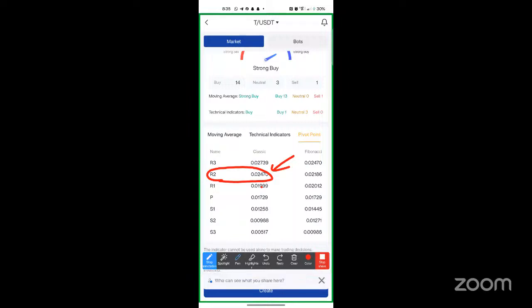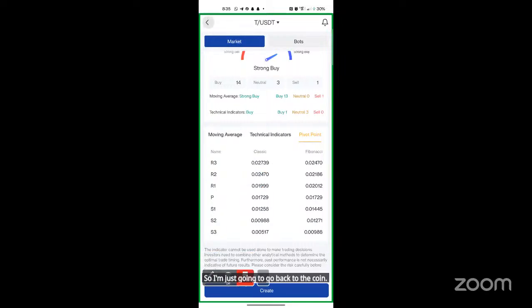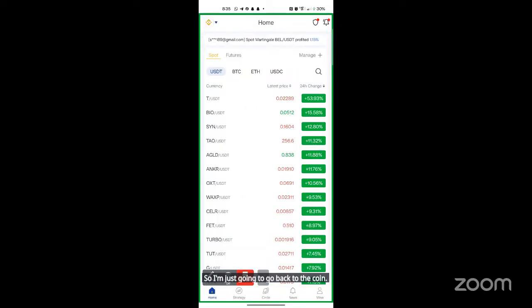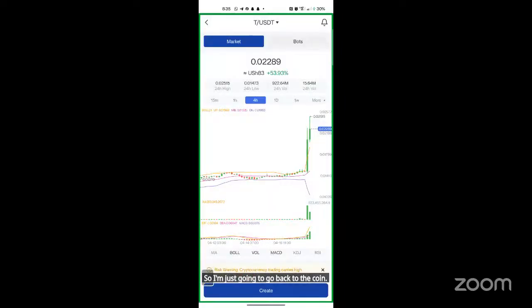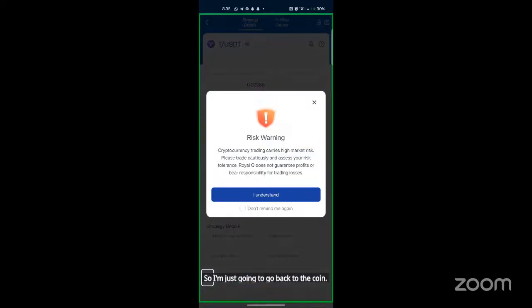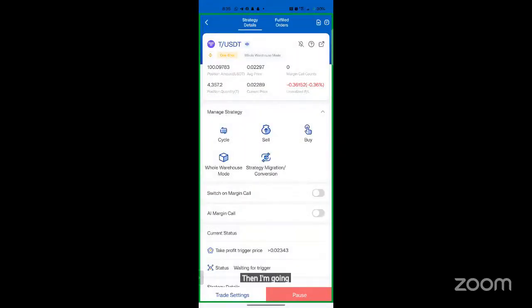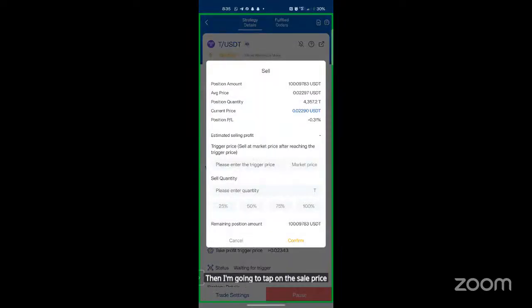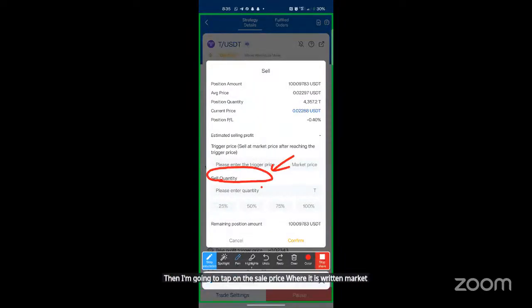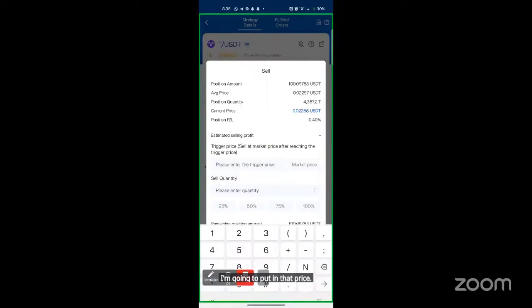So I'm just going to go back to the coin. Then I'm going to tap on the sell price. Where it is written market price here, I'm going to put in that price, which is 0.02470.